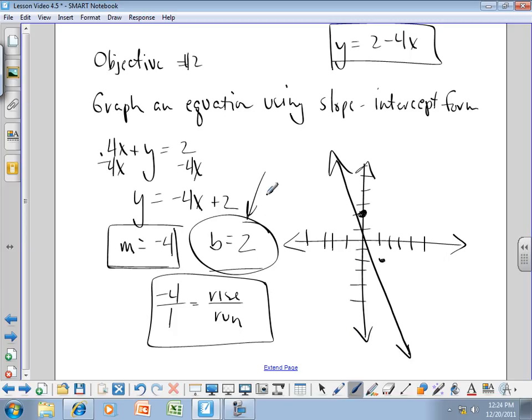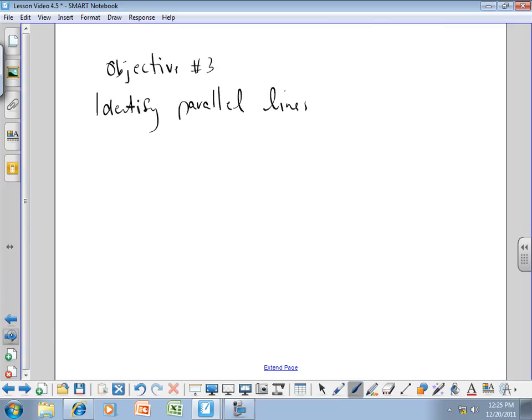Okay? So if you will plot the y-intercept, and then from that point, not from the origin now, but from the y-intercept, do a rise over a run, you will have yourself a line. All right? Graph an equation using slope-intercept form. Make sure it's in slope-intercept form, plot the y-intercept, from there go rise over run, you're going to have yourself a line.